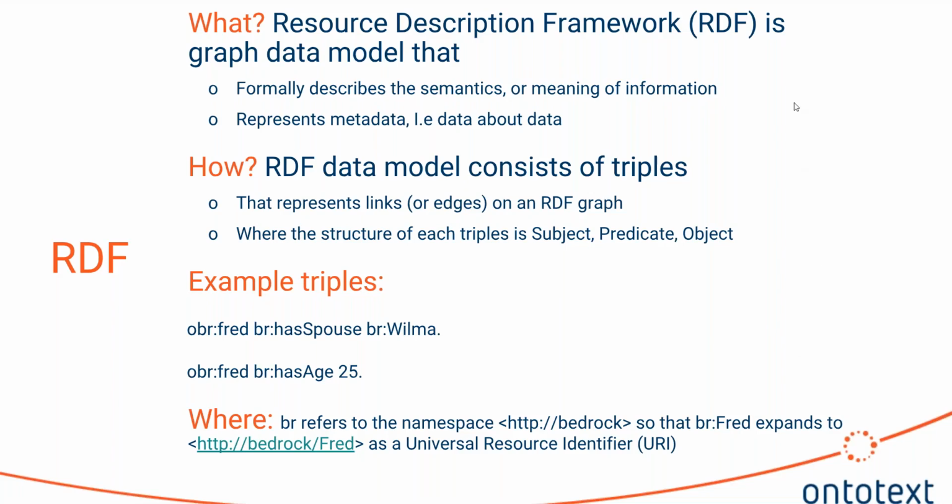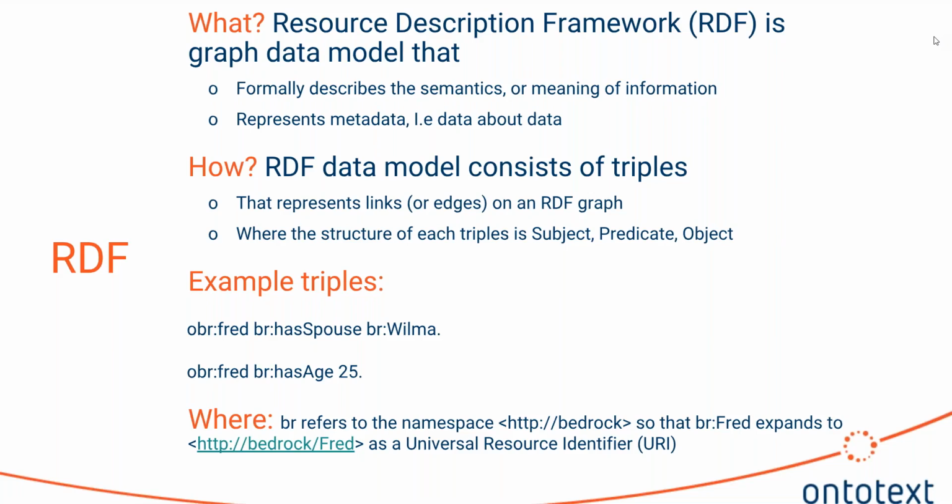Also, if you look at the slide towards the bottom, we have another example triple, which is BR Fred has spouse Wilma. Throughout this presentation, we'll be using the Bedrock ontology. In it, we try to model the world of the Flintstones animation series from the 90s, I believe, and the 80s as well.